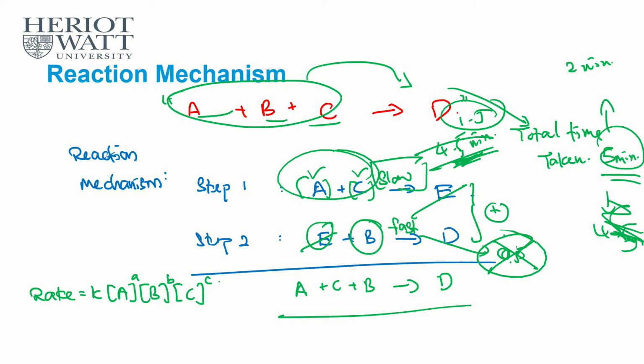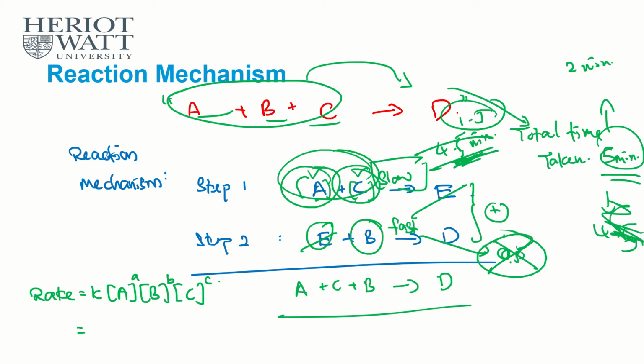Okay, I hope you can understand that. So based on this theory, both A and C will have a significant effect on the rate of reaction. Agree? Because it takes up most of the time and it's a slow step. Hence, we can deduce that A and C are either first order or second order, because they have significant effects on the rate.